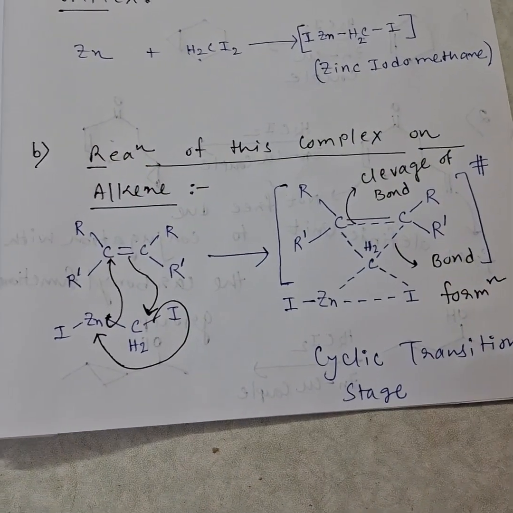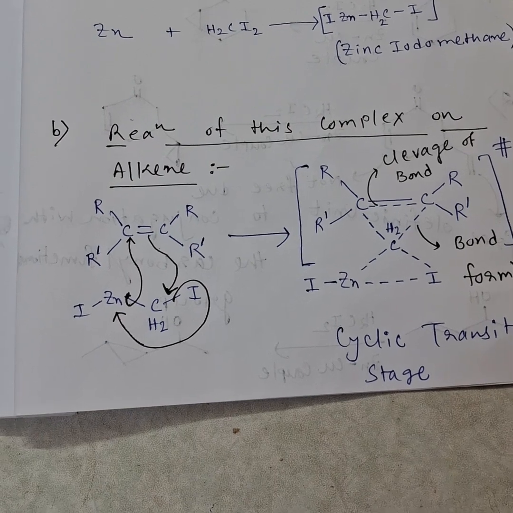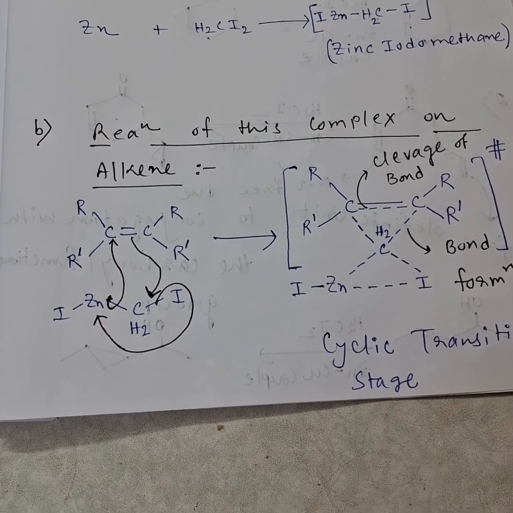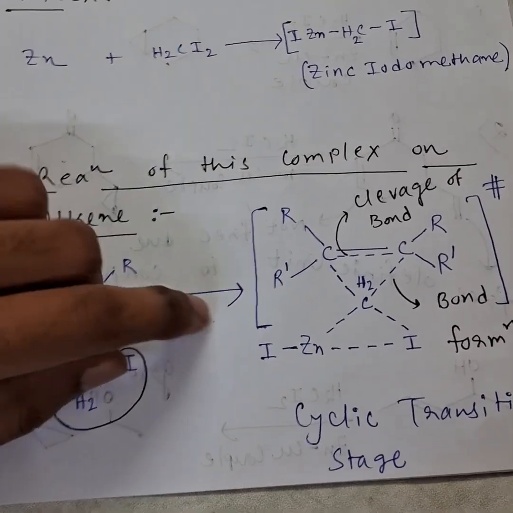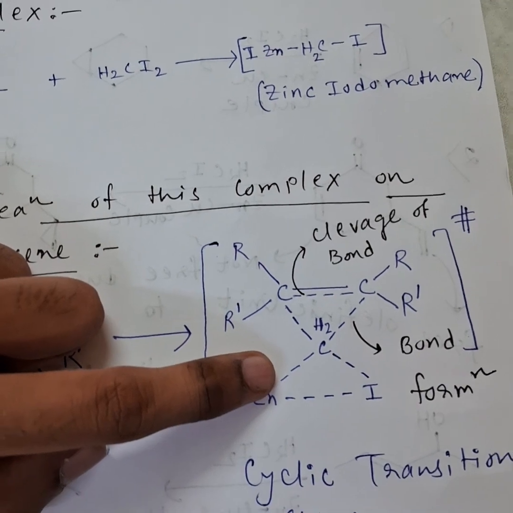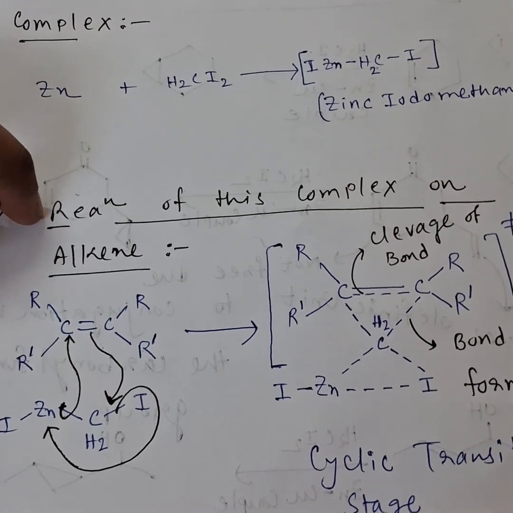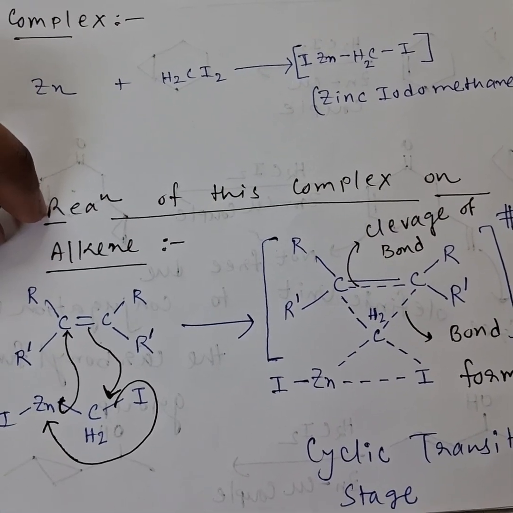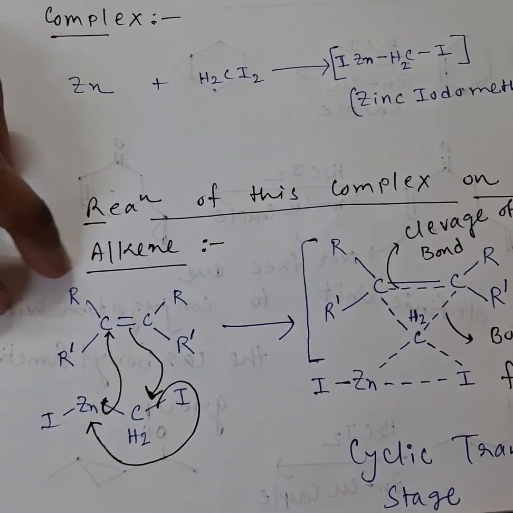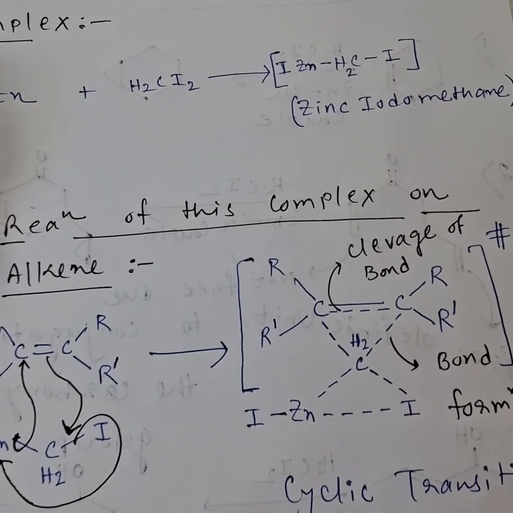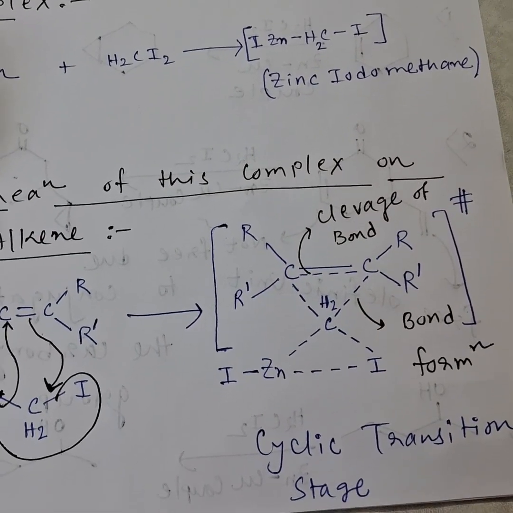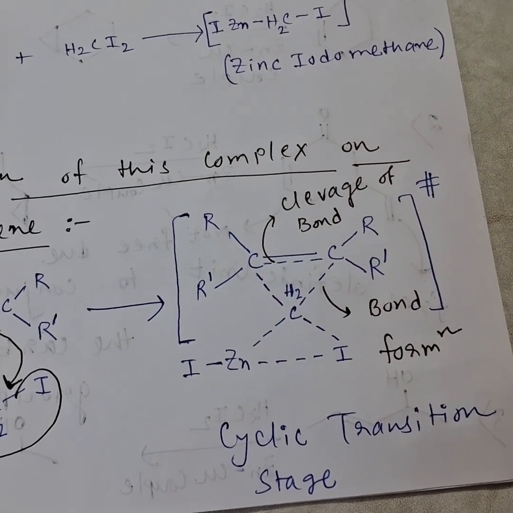Because zinc is a metal center, the polar bond readily breaks and the carbon-zinc bond tends to break, and the pi bond between the two carbons also breaks, and the methylene carbon and these two pi-bonded carbon atoms are associated with the help of stronger, stabler sigma bonds.